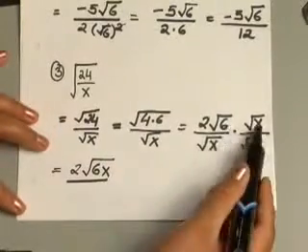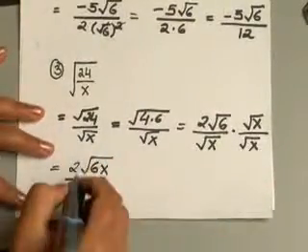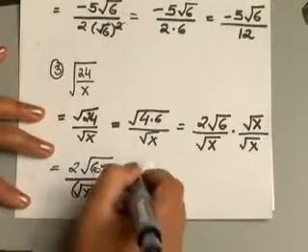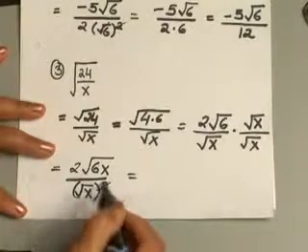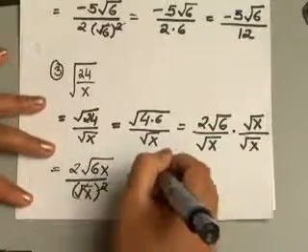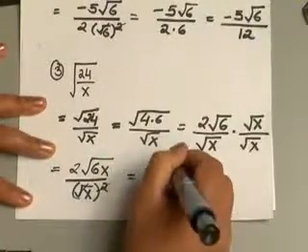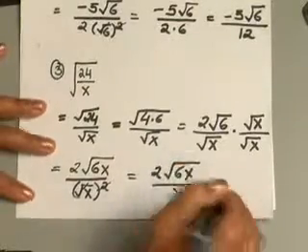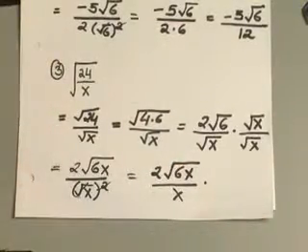Basically you just multiply these two, and the denominator will of course give us square root of x, the whole thing squared. Again, the square and the square root will cancel out, and you will be left with 2 times square root of 6x and the whole thing over x.